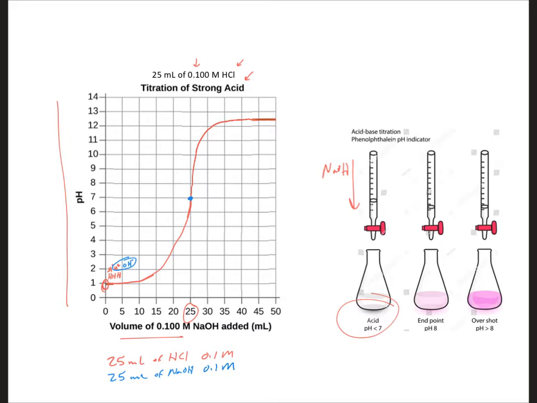So what we see is this curve which goes up rapidly and then flattens off, because now it's just a matter of more and more of the base being added to that solution, and the conjugate base of your acid, that Cl minus in this case, is up there affecting the pH as well. Okay, so this is what it looks like in Gen Chem 1 when we did that titration.